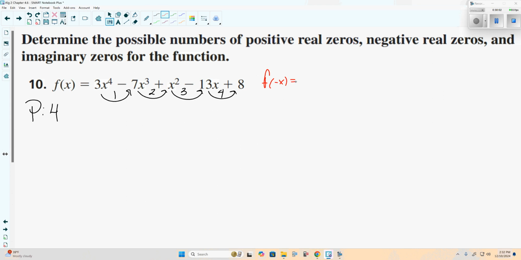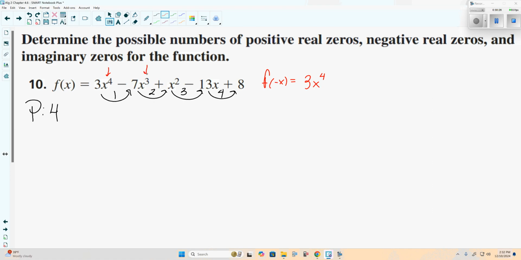Now, I think most of y'all are rewriting it out with f of negative x in each one, yes? But what did we just say? If the exponent is even, the sign stays the same. If the exponent is odd, we flip it, yes? So let's look at this here. What's the first one's exponent? So it stays the same, so that would end up being 3x to the fourth, yes?